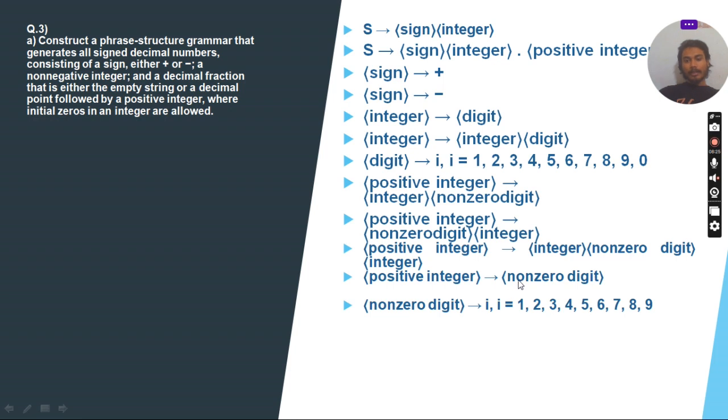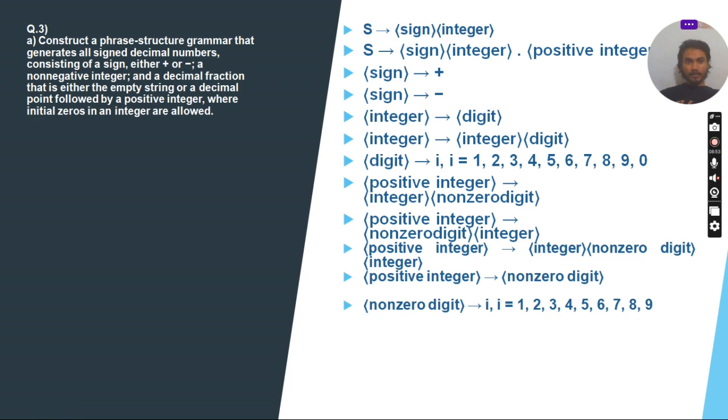Then positive integers tend to non-zero digits. Basically, what we are saying here is that positive integers are nothing but the non-zero digits, the digits which are not zero. For example, a digit class consists of one because there is no zero. You can't see zero. Every digit which is not zero is a non-zero digit.